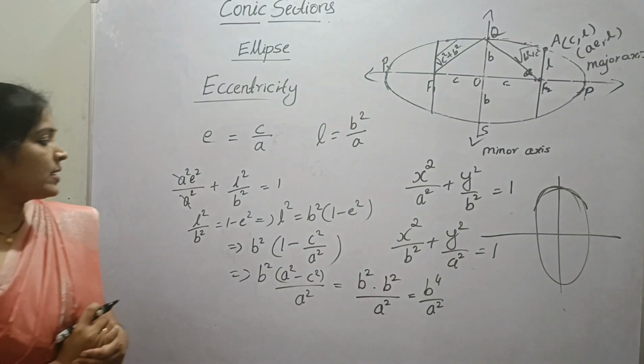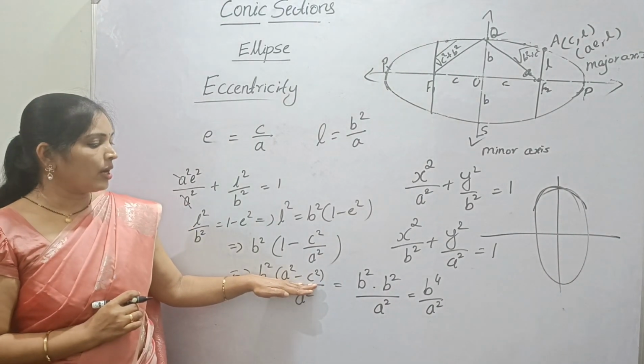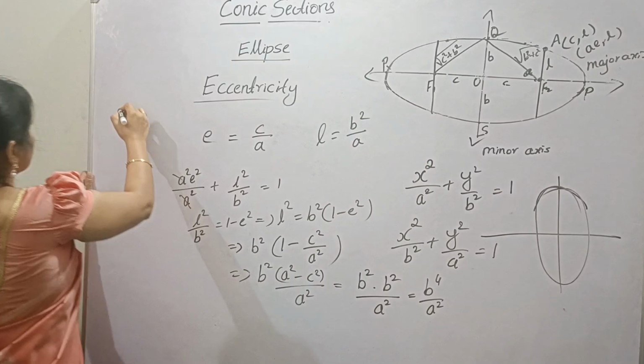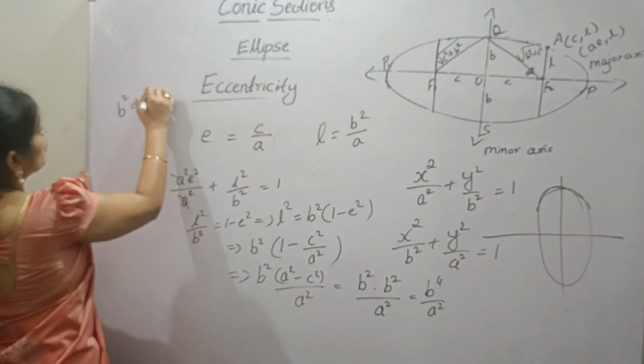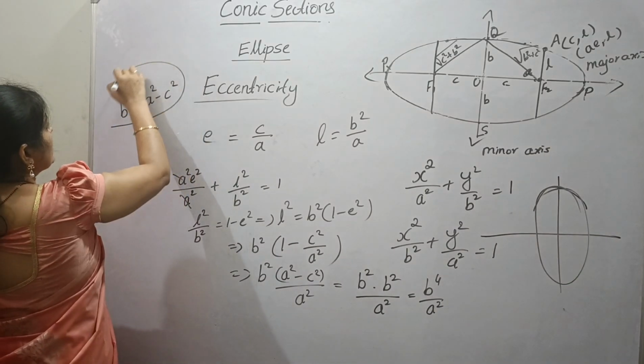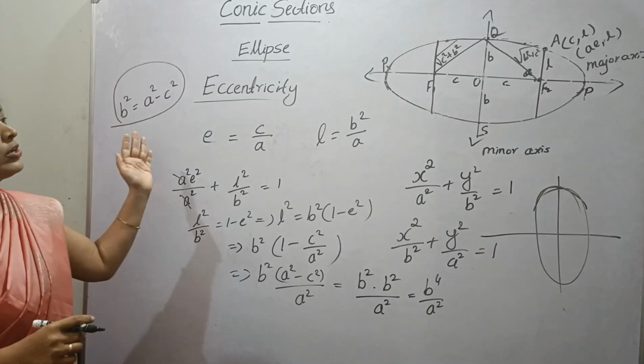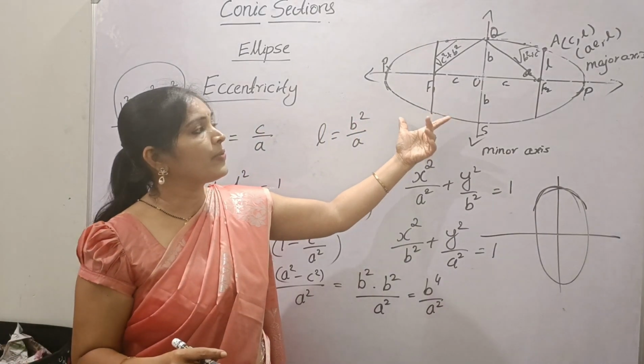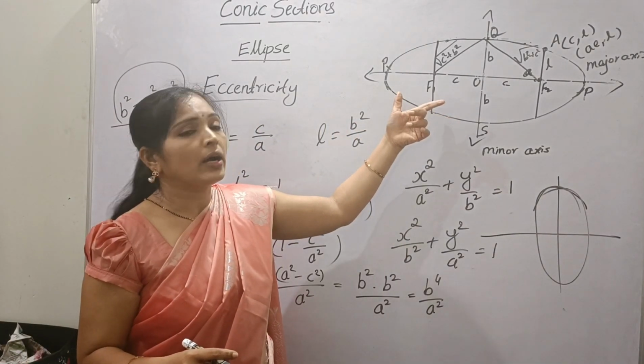Understood, right? This expression, B square is equal to A square minus C square, we have already got from the first portion, from the definition of the ellipse.